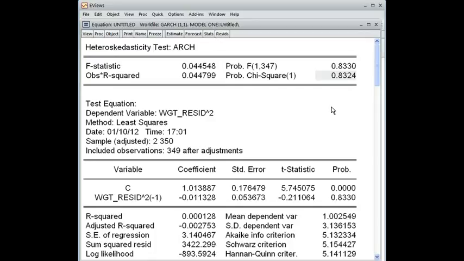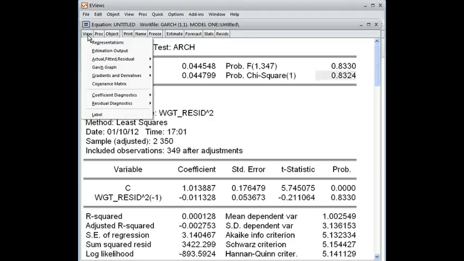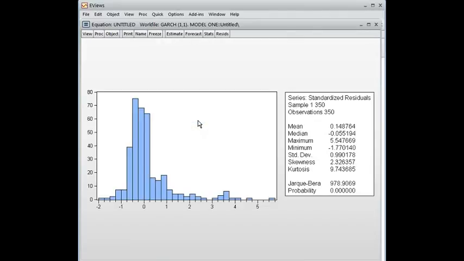The third assumption is that residuals must be normally distributed. That is desirable. So I go to View, Residual Diagnostics, then Histogram Normality Test. Here we check the Jarque-Bera statistic and the corresponding p-value.